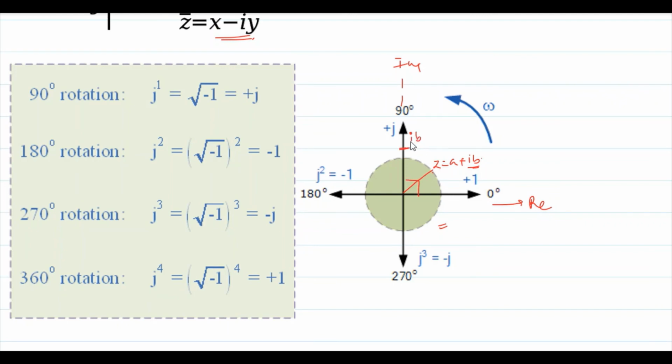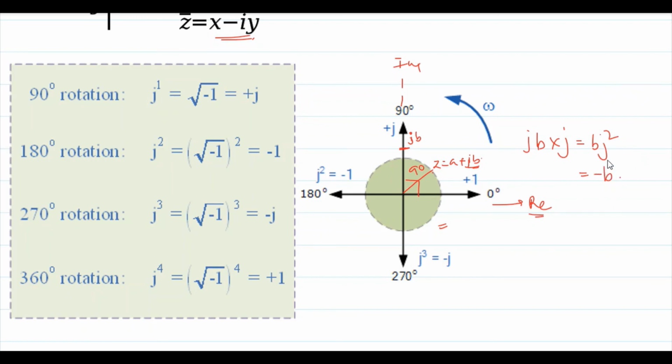So here I will represent jb. As it is already 90 degrees with respect to the real axis, if you multiply this jb with a j operator once again, it becomes bj squared, where j squared is nothing but -1, so it becomes minus b.